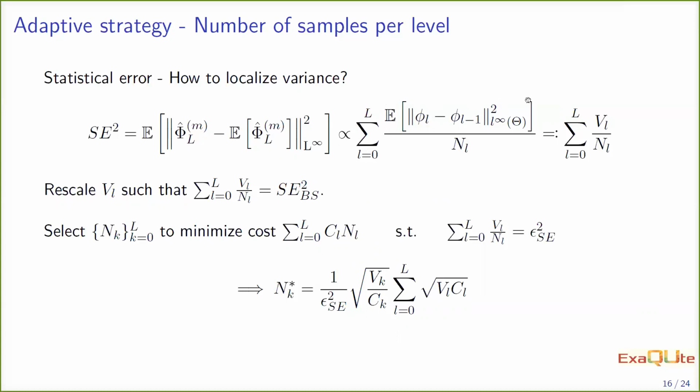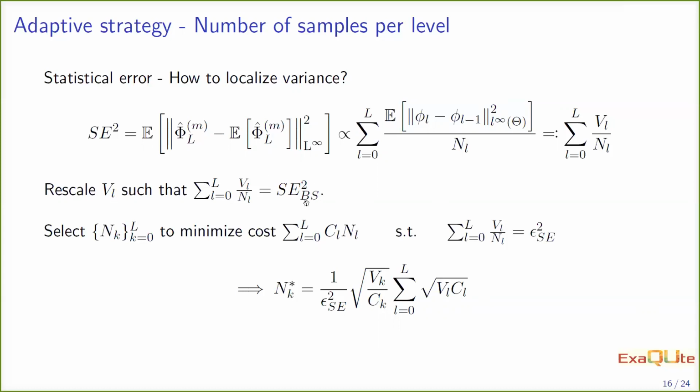So you could get it to this pointwise form, which I denote as VL, but the constants were quite bad. So we propose rescaling the variances VL such that the total adds up to the bootstrap statistical error that we computed earlier. This is how we propose to localize the variances.